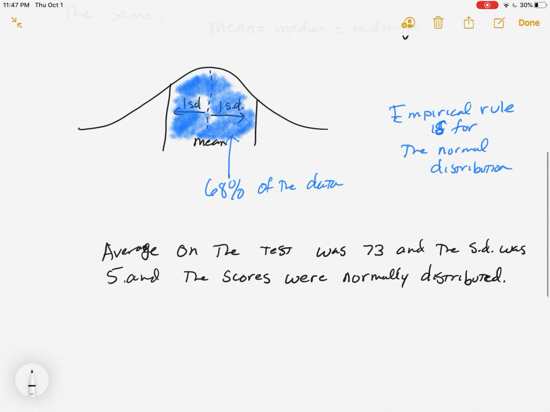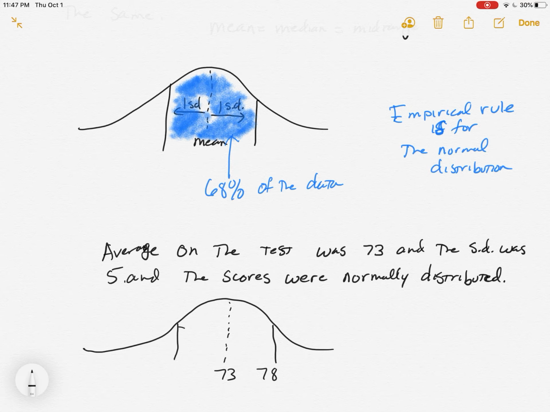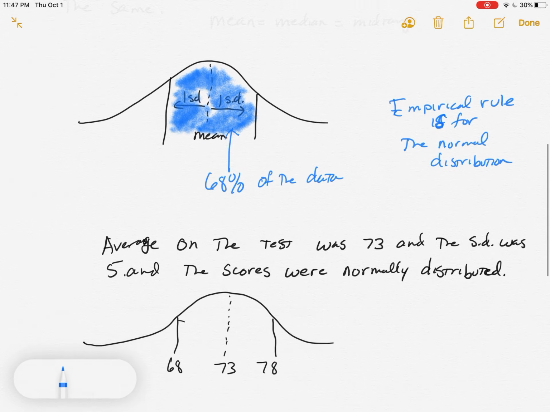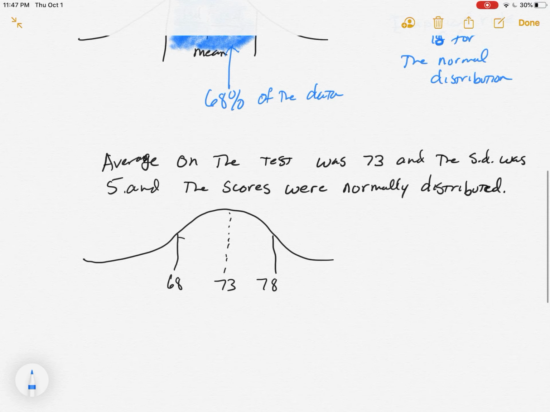If I draw a picture of the distribution of test scores, it'll be a bell-shaped distribution with 73 right in the middle. If you go 5 out in each direction, 78, and drop down to 68, notice that that's moving out one standard deviation. One standard deviation away from 73 is 78 above and 68 below.